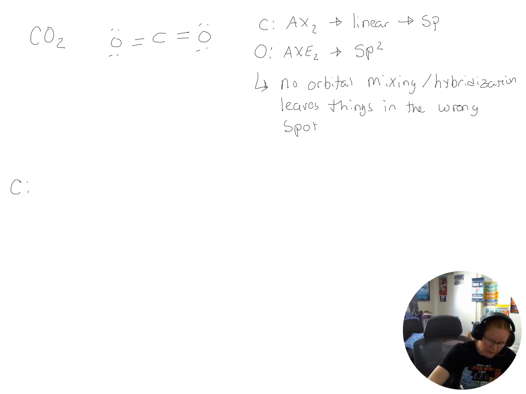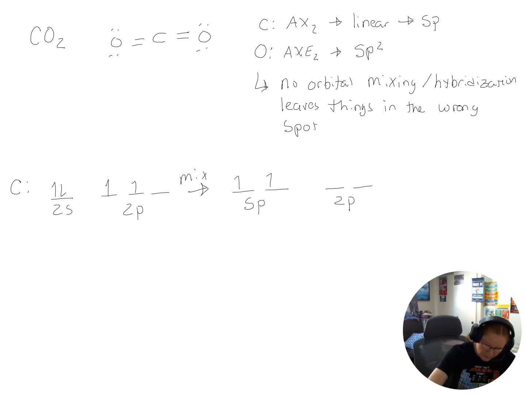All right, so carbon, we've got 2s and 2p, 1, 2, 3, 4. All right, we need to do our mixing. All right, we're going to get sp and 2p, 1, 2, 3, 4.